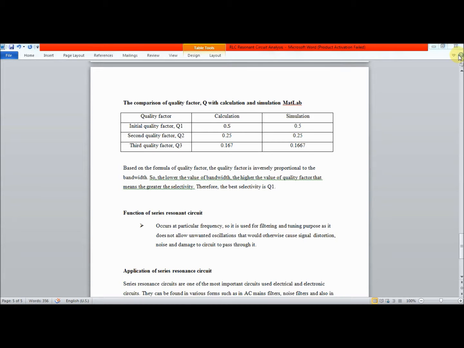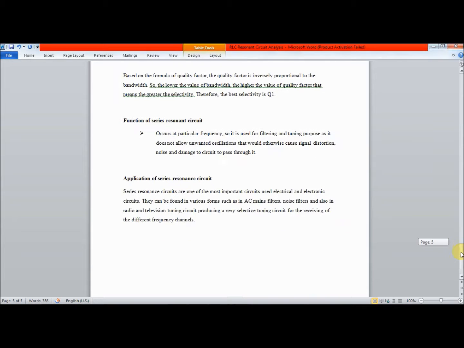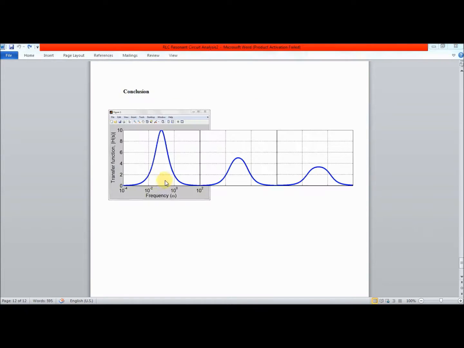For the application of series resonance circuits, they are one of the most important circuits used in electrical and electronic circuits. They can be found in various forms, such as in AC mains filters, noise filters, and also in radio and television tuning circuits, producing a selectivity tuning circuit for the receiving of different frequency channels.